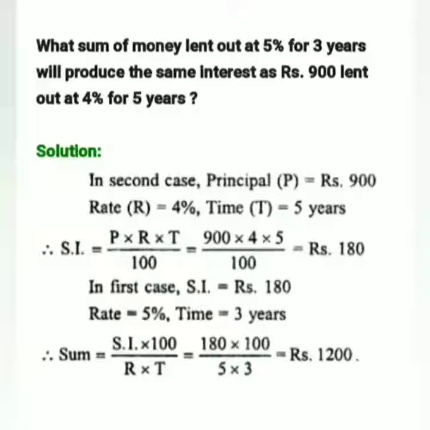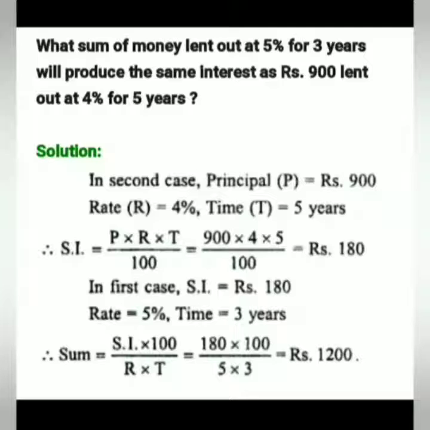Principal is given to us, 900 rupees, the rate is 4%, and time is 5 years. Directly we will be applying the formula of simple interest, principal into rate into time upon 100. 900 into 4 into 5 upon 100. Rupees 180 we are getting as the simple interest amount.